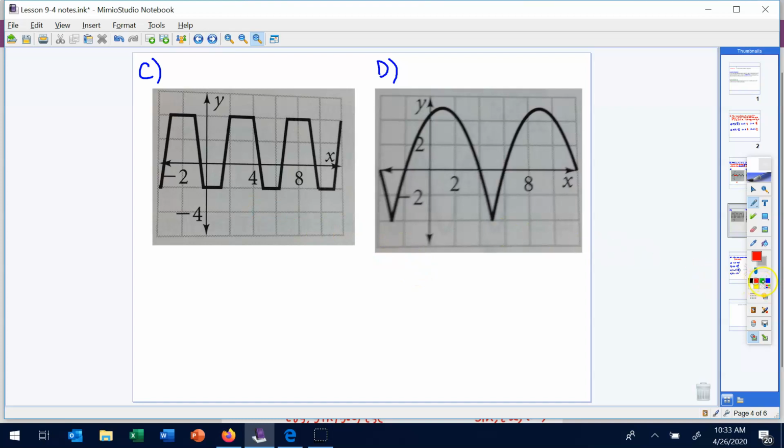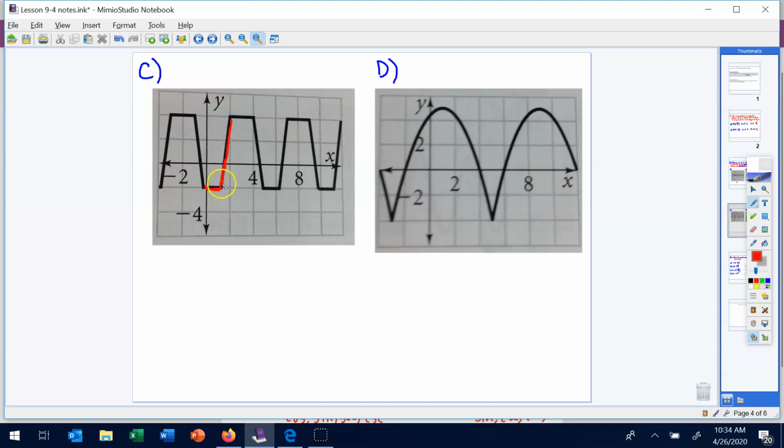So once again, they're not trying to be tricky here. This corner should be right there. This whole graph should be shifted just a smidge to the right. So you won't have to worry about fractions or anything like that in these answers. Okay, so let's just see if we can color the cycle. What is this pattern?